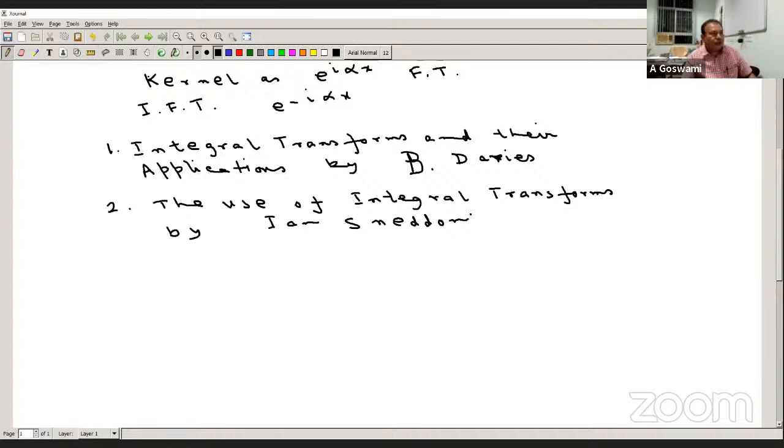So you may use any one of these two books, the book by B. Davies or by Ian Sneddon.